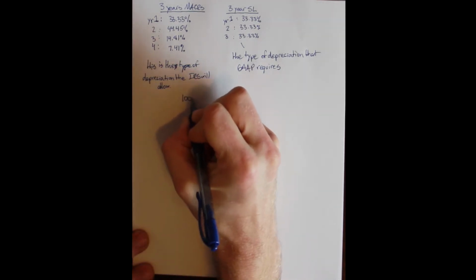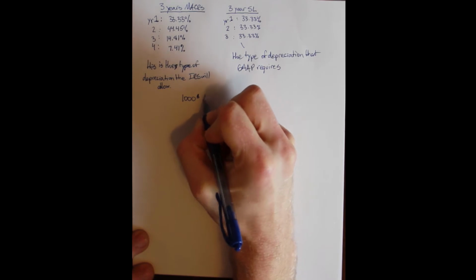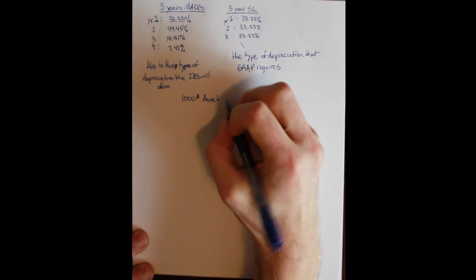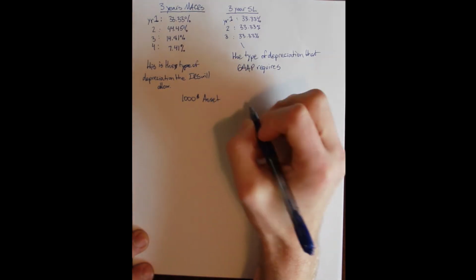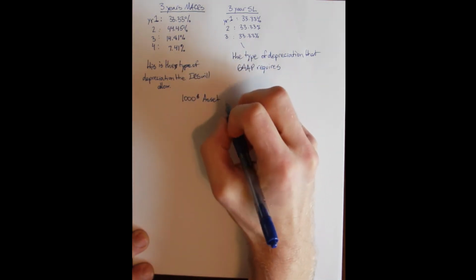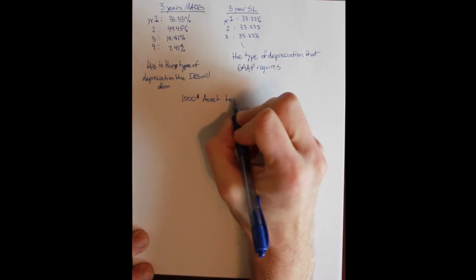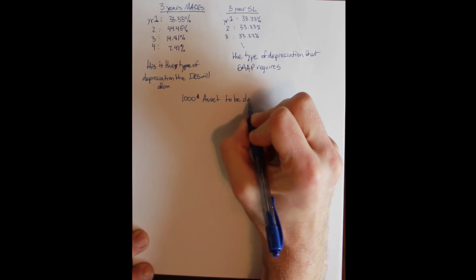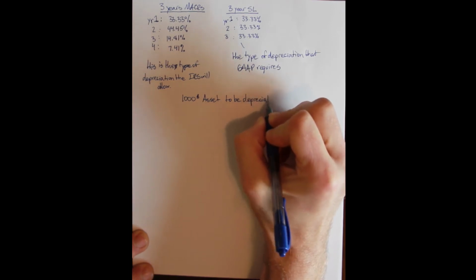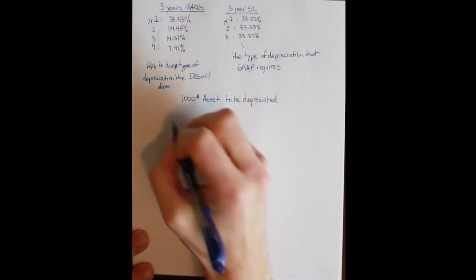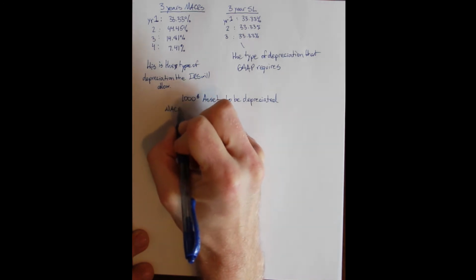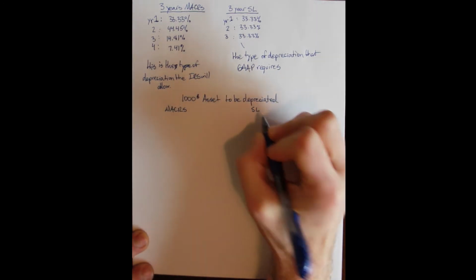And so let me show you an example of what that looks like and how it's treated. So let's say we have a $1,000 asset, and we're going to be depreciating it on a 3-year schedule using these two 3-year schedules. So we've got our $1,000 asset to be depreciated on the MACRS schedule and on the straight line schedule.